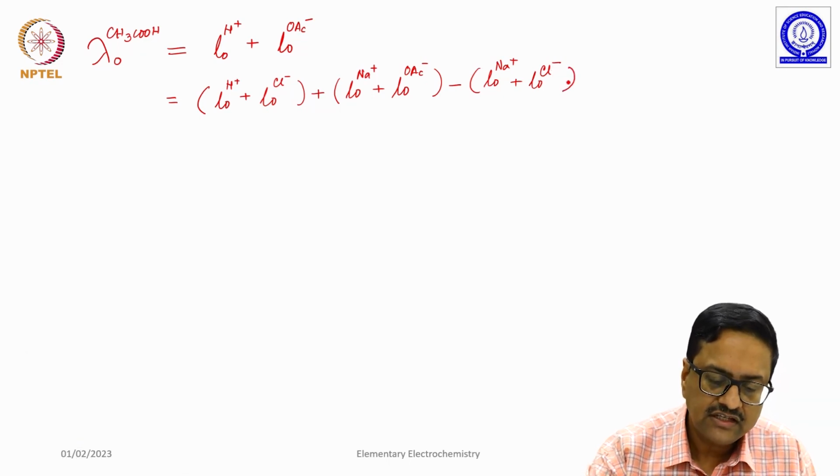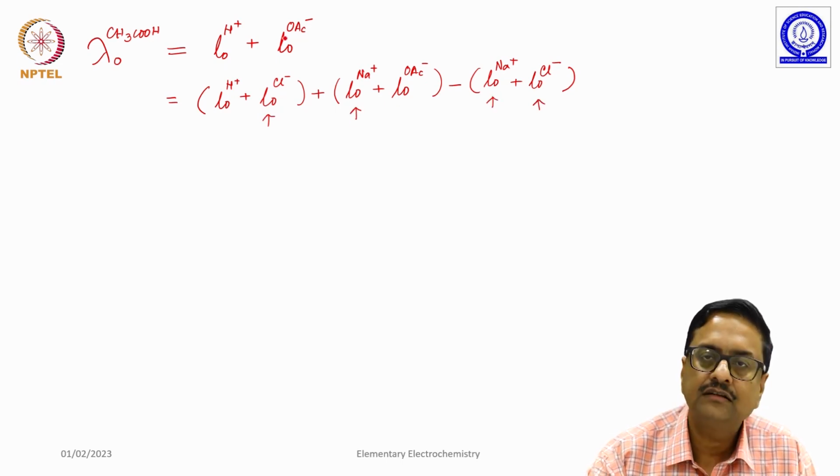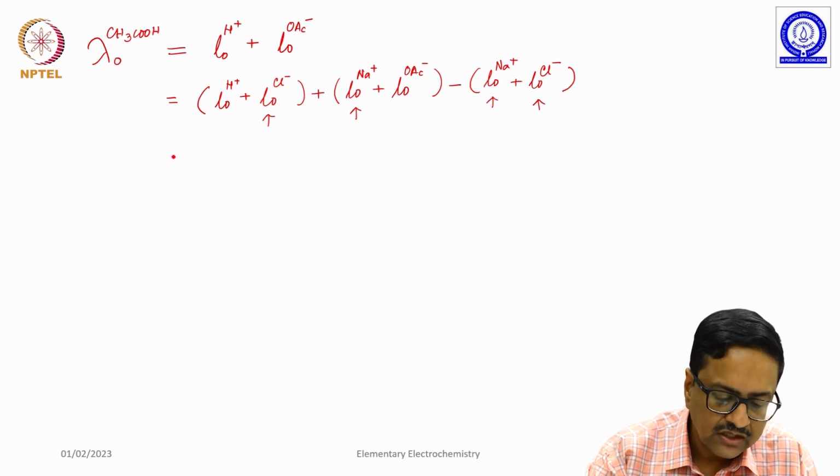Right? So you see, we have added L0 for Cl minus, subtracted that. We have added L0 for Na plus and subtracted that, and this equation remains the same.